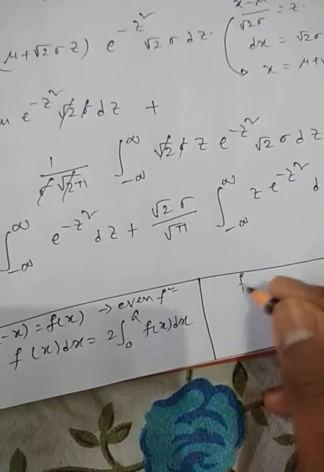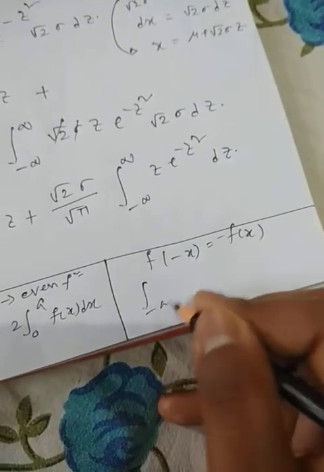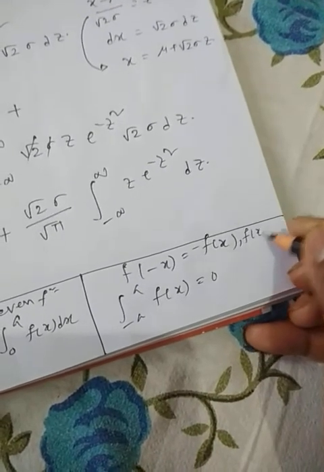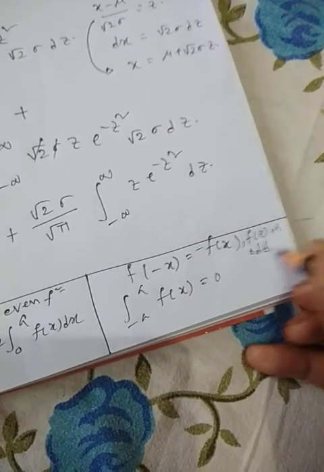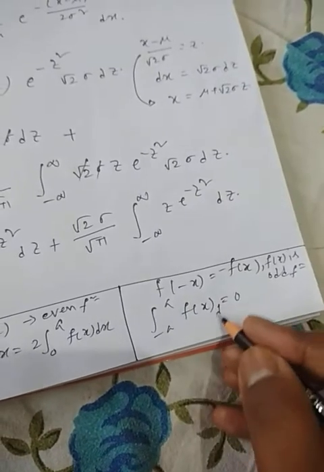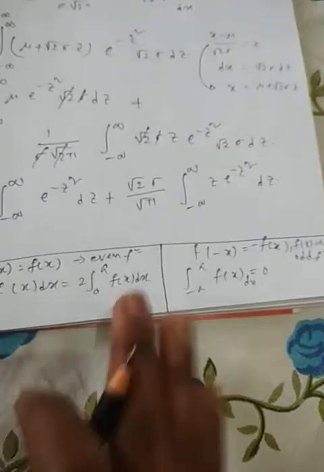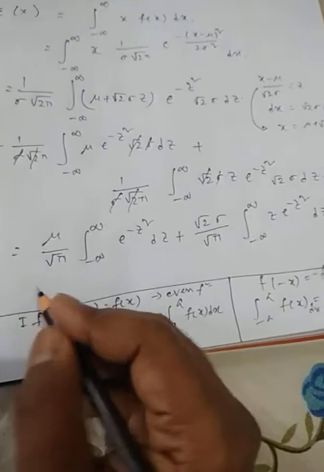And if f(minus x) equals minus f(x), then f(x) is an odd function, and in case of an odd function, the integral from minus a to a of f(x) dx equals 0. I am not going into the details of this definition, you studied it in class 12. So I will apply this theorem here.